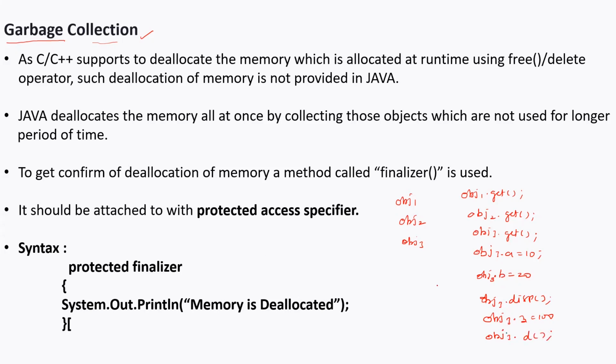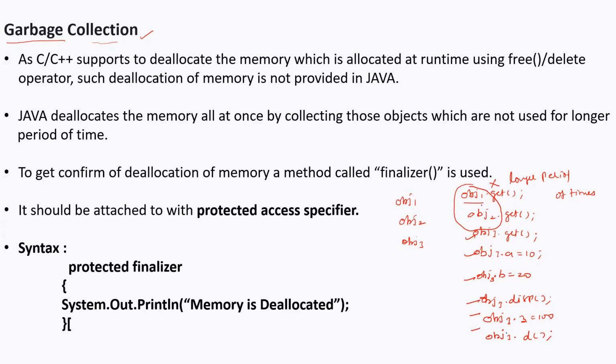So what I'm doing here is using object 3 frequently, but object 1 and object 2 I'm not using for a longer period of time. What garbage collection will do is check the program: how many objects are created, how many are being used frequently, and which are not used for a longer period of time.